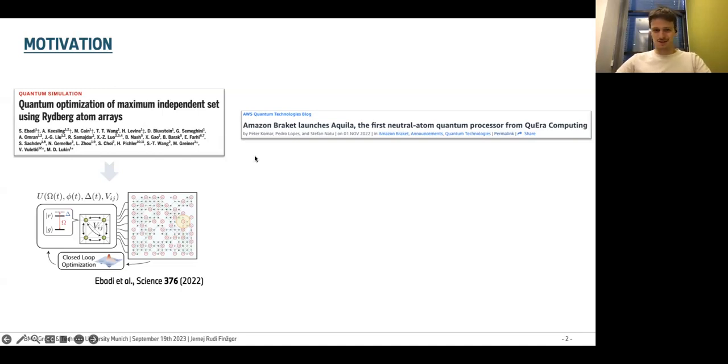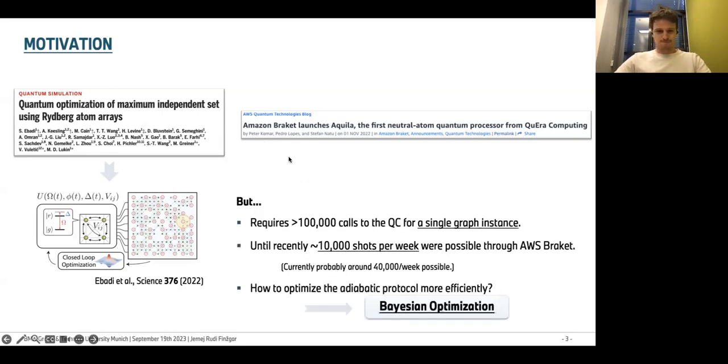Me being an eager PhD student, I was eager to try it out on Amazon Braket as soon as it became available. So I set up some graph instances. I said, oh, let's optimize the schedules. So I dug deeper into the supplementary material of the original publication, and I found that you need roughly 100,000 calls to the quantum computer to optimize the protocols for a single graph instance.